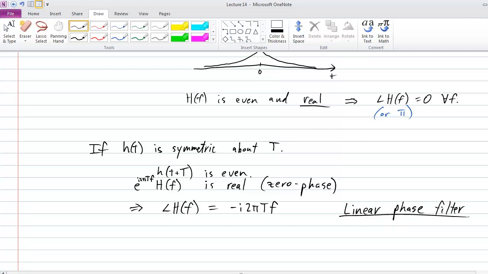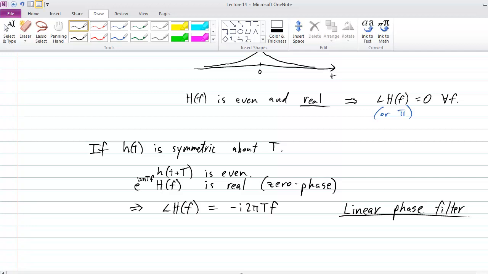Now, this is important because sometimes people design filters to be linear phase on purpose. If you remember the windowing method that I mentioned in class about designing a filter, you start with an ideal low-pass filter or whatever filter you want. You window it by cutting off the edges, and then you delay it to make it causal.